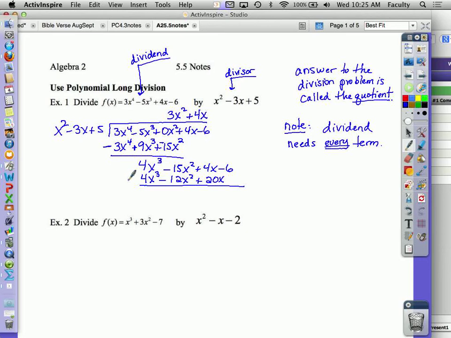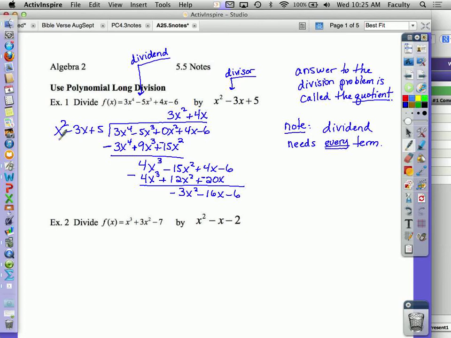Okay? Now we need to subtract, but to make subtraction easier, we're going to do the opposite and add. So that gives me negative 3x squared minus 16x minus 6. Okay, then I'm going to repeat.